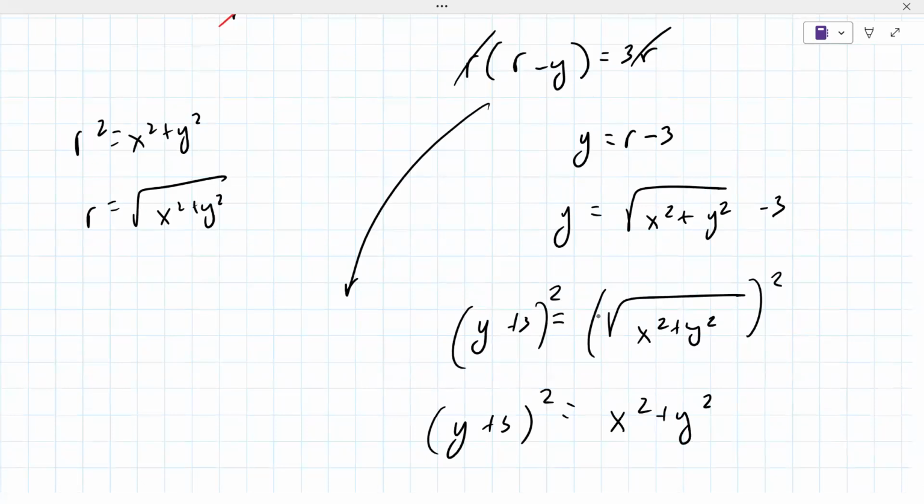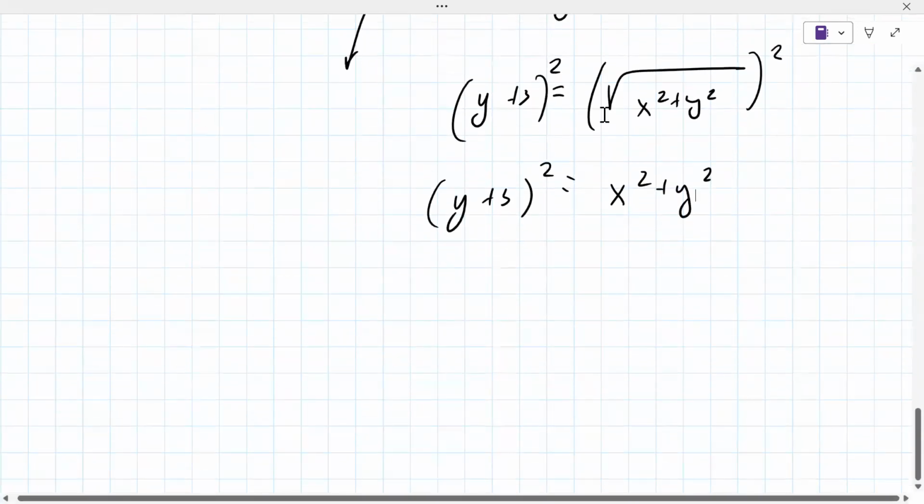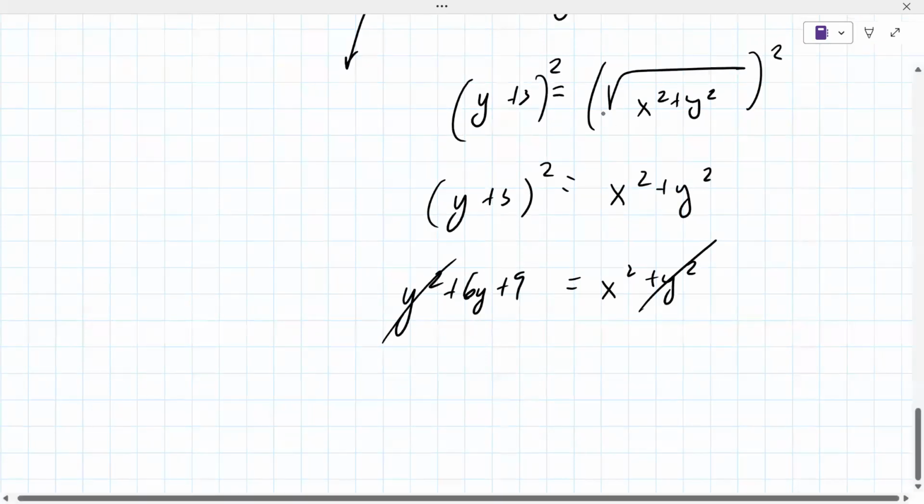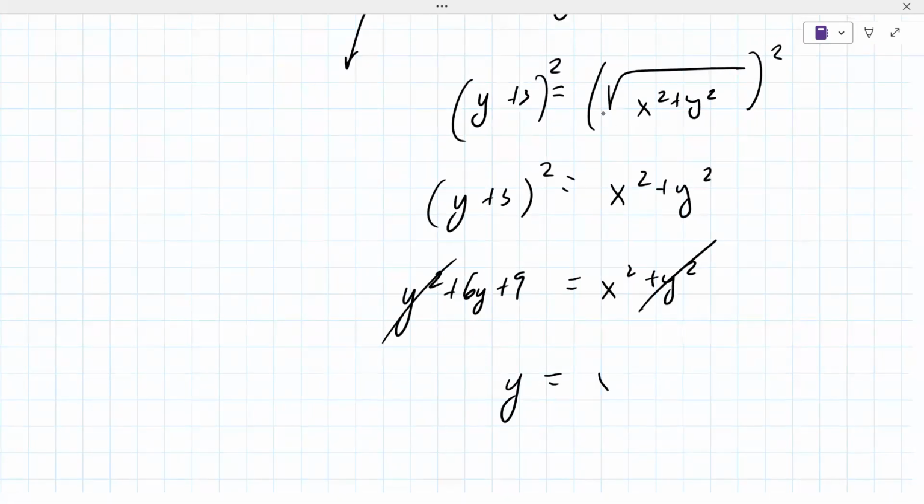So you may want to check with your instructor, but you'll notice that the expansion of this is y squared plus 6y plus 9 equals x squared plus y squared, which means that the y squareds cancel. And you can still solve for y. y is equal to x squared minus 9 divided by 6. But I'm not sure where to stop, truthfully.